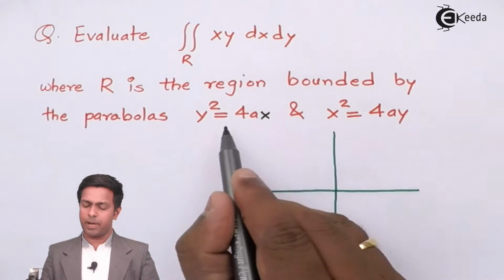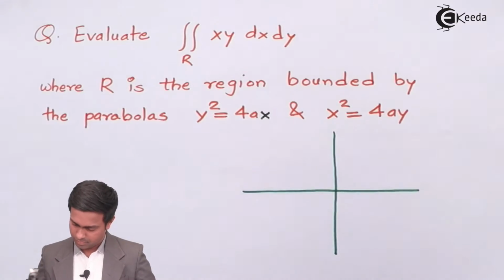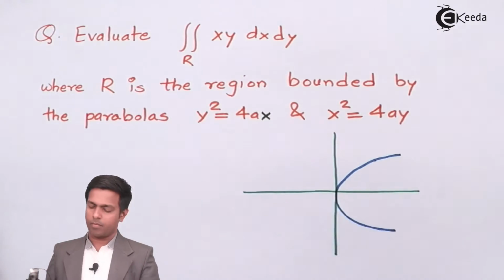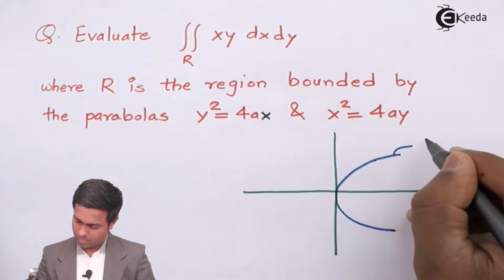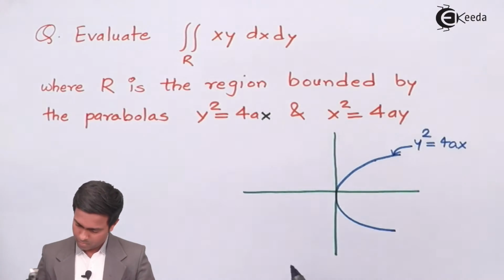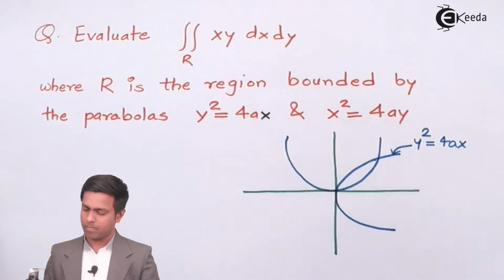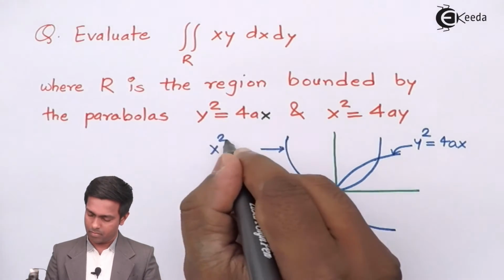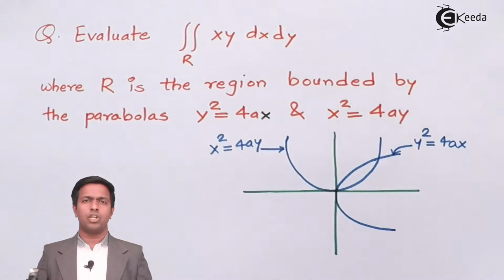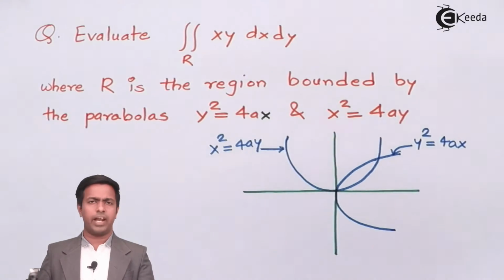Now guys, this is the parabola opening towards right. So guys, here I've drawn both the parabolas. So remember, in the exam you have to draw these curves as a freehand drawing.